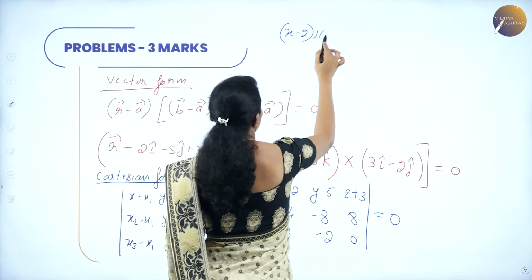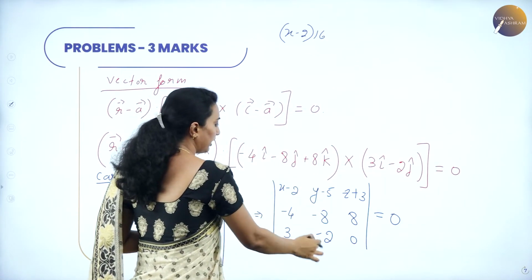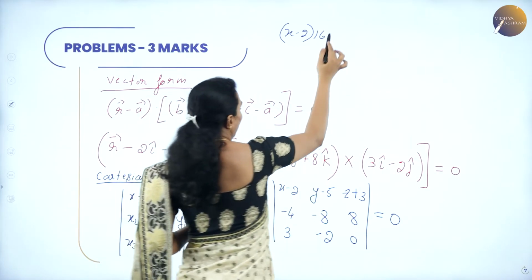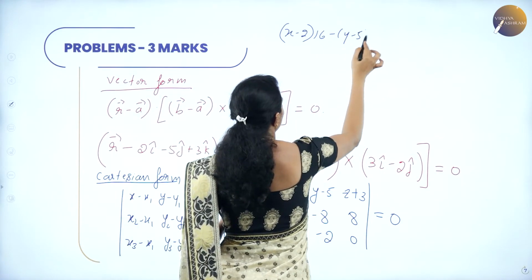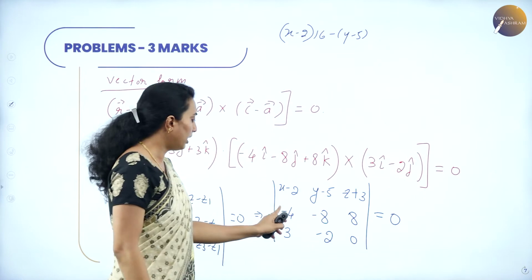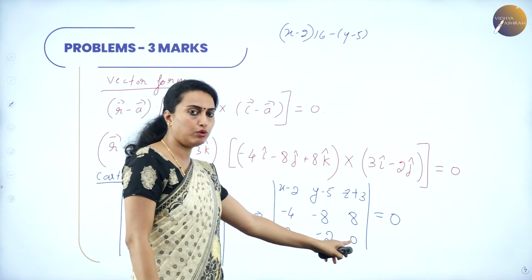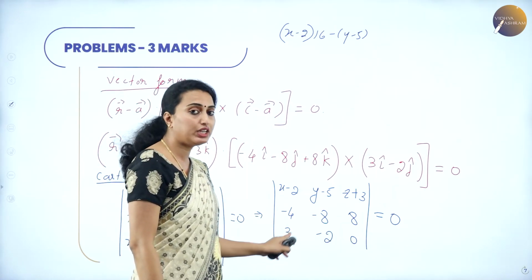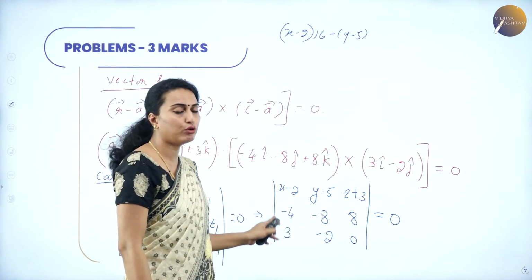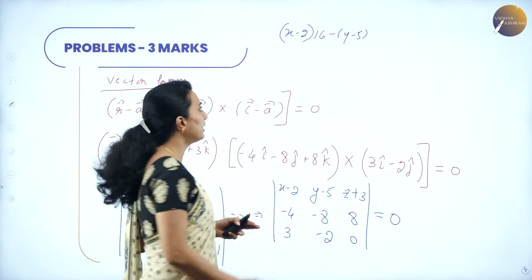So, 16. Again here leaving the second column first row, so minus (y minus 5) into, see, minus 4 into 0 is 0, minus 3 into 8, 8 3s are 24, 0 minus 24 is minus 24.